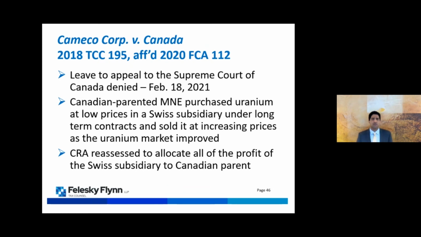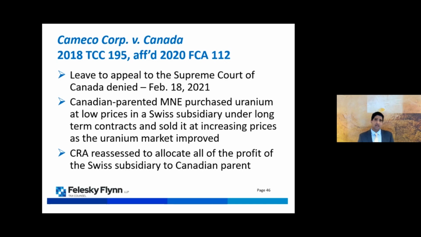And just to refresh people's memory, the case involved a Saskatchewan-based company. So the parent company is located in Canada, and they're basically a uranium company. And the transactions at issue involved the purchase and sale of uranium by a European subsidiary of the Canadian parent. At first, that European subsidiary was in Luxembourg, and then it was transitioned to Switzerland.